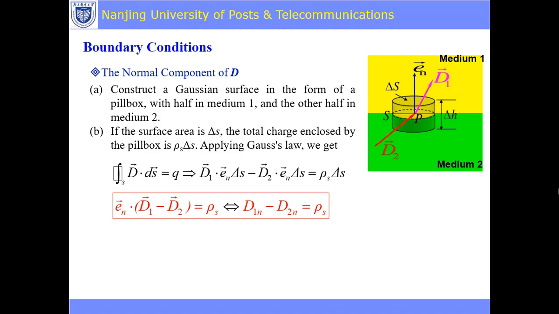Will it be affected or not if there is a surface charge? If there is no surface charge, this will be equal to 0. If there is a surface charge, of course, this equation is equal to this. So what will happen to the field?